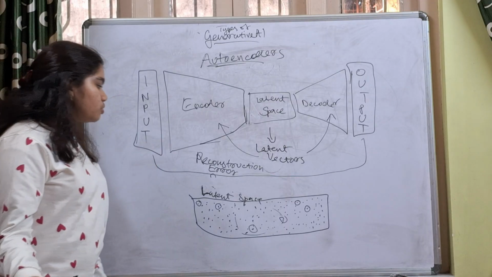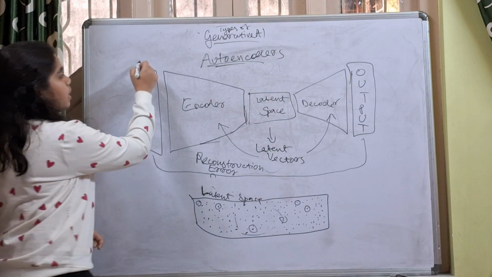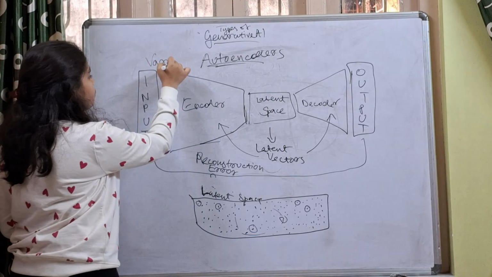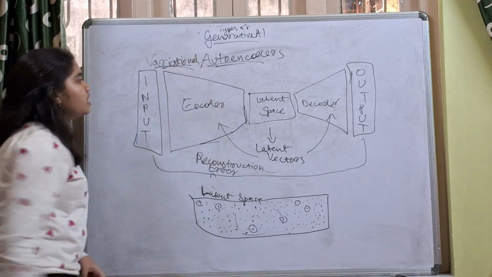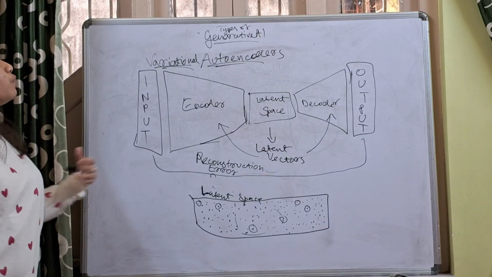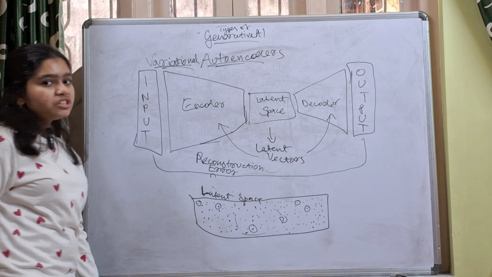There is no variation. So to solve this latent space problem, there is another thing which is variational autoencoders, or VAEs, which gives you variation. Everything is the same, just the latent space representation is different.